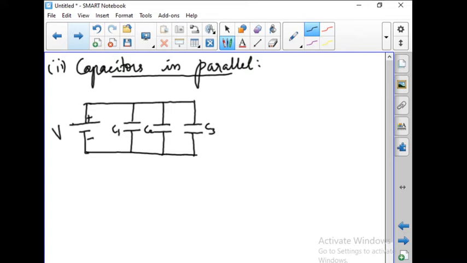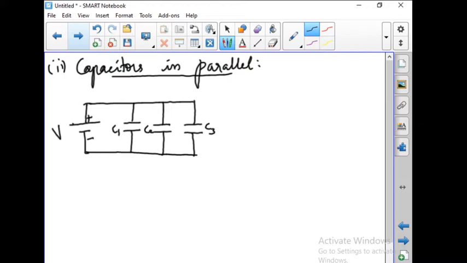In the previous case, due to electrostatic induction only, the charges are obtained by the capacitors. As a result, the charge remains the same, but the potential difference across the capacitors varies.